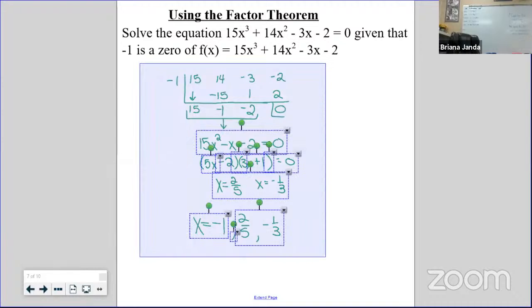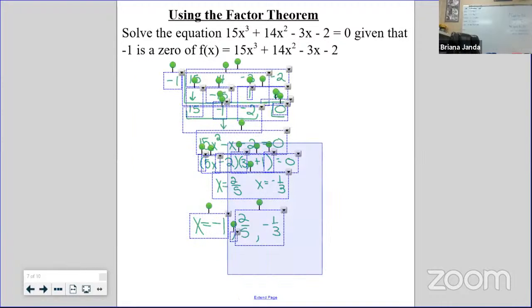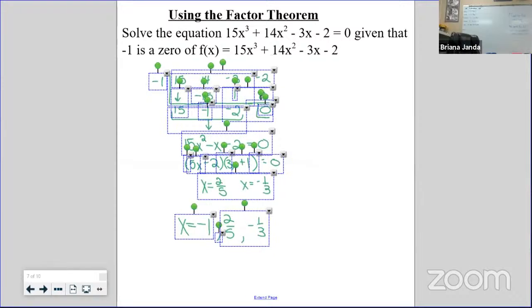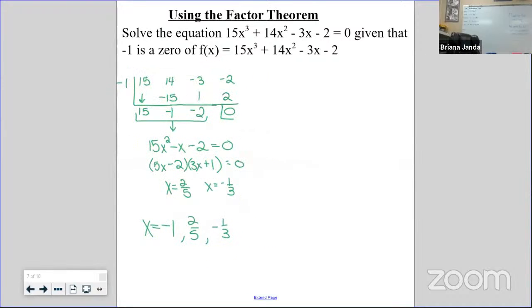So just kind of showing you again, all of this, side by side, what we're doing right now is I can't factor this, right? Factor by grouping doesn't work. I can't factor it. They told me that one of the factors of this is x plus 1, which then as a 0 looks like negative 1.